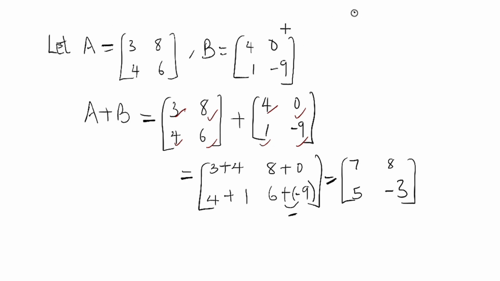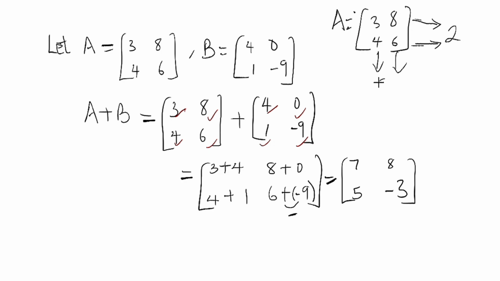Please take note, matrix A is 3, 8, 4, and 6. Same with matrix B being 4, 0, 1, and minus 9. Now, to look at the dimension, this matrix has two rows. This is the first row and this is the second row, and it also has two columns.